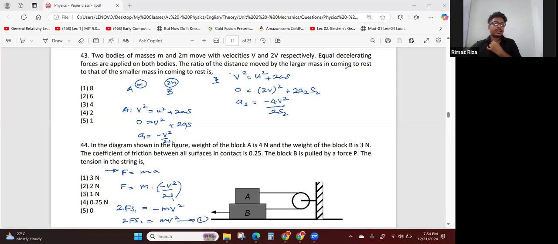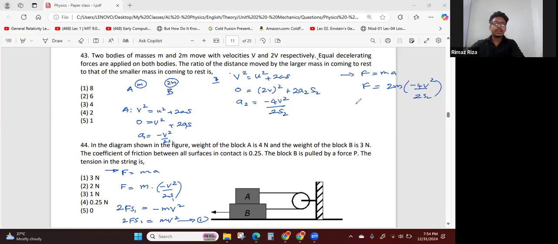Similarly, I can apply F equals ma for B. The same force, you can see equal decelerating forces, so both experience the same force. The mass is 2m times the acceleration a2, which is minus 4v squared over 2s2.